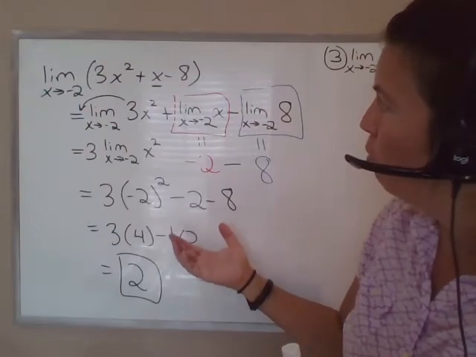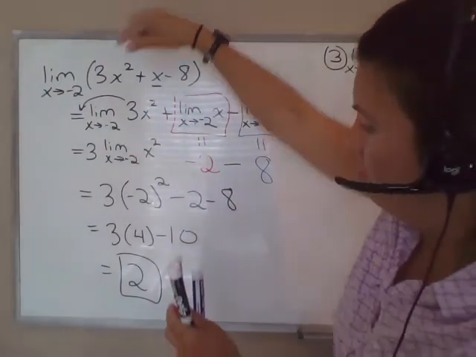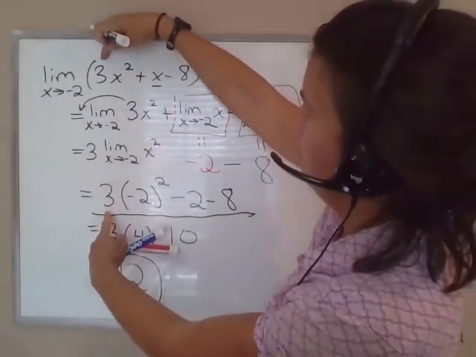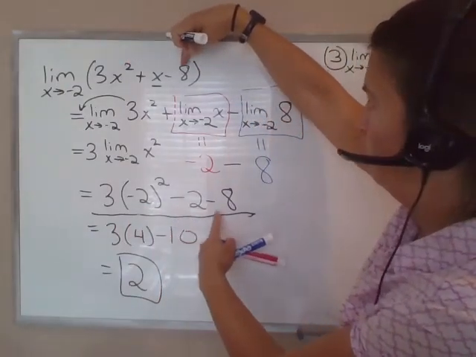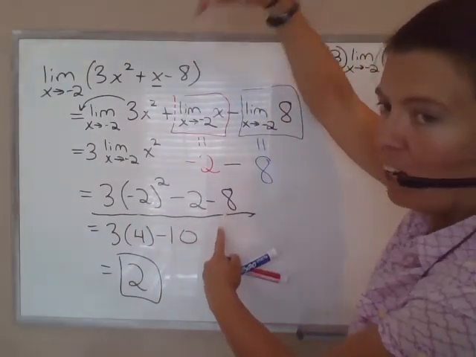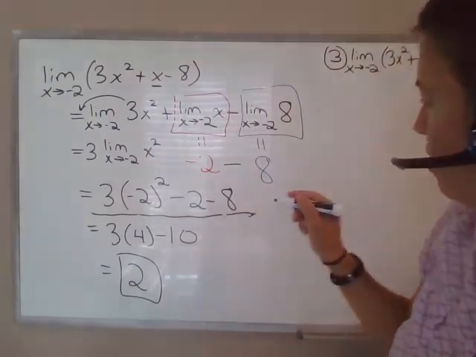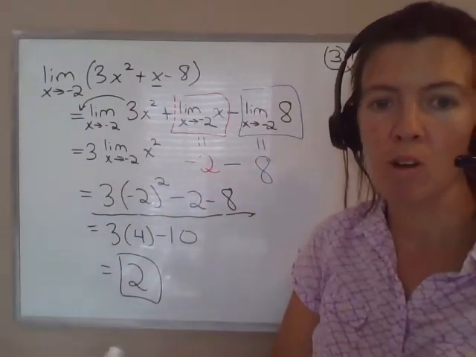Overall, what happened is we substituted negative 2 for all the x's. If you focus on this step down here, 3 times negative 2 squared plus negative 2 minus 8. There's a theorem in the notes that says the limit of any polynomial function is just equal to p of c when x is approaching c.